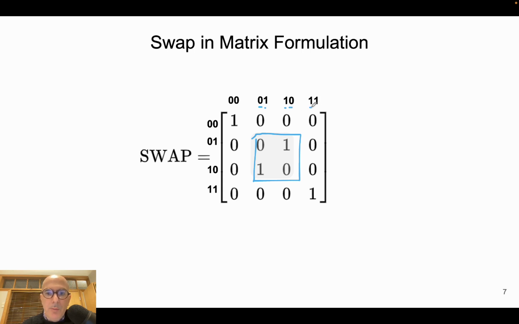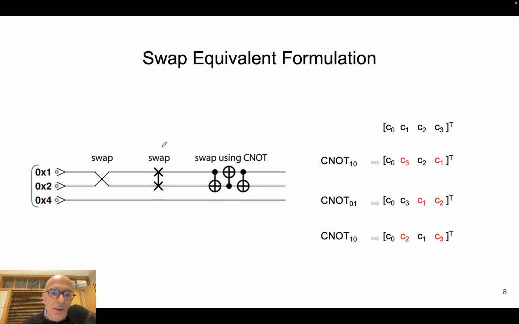If the inputs don't differ in binary representation, then we have just the identity matrix. We can also show the equivalence between the swap and the swap using a combination of 3 CNOTs by doing this in-place operation. So we applied 3 CNOTs and we obtain basically the swap operation.